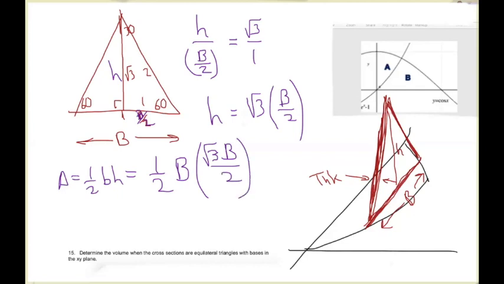As much as I may have botched that proof, I think it is correct. What we end up with is root 3 over 4 base squared. That's your cross-sectional area.